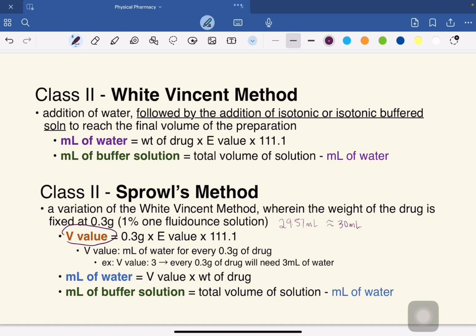So meaning kapag may V-value yung drug of 3, meaning every 0.3 grams of drug will need 3 ml of water para maging isotonic. So again, similar sa White-Vincent method, it will also have the volume of water and the volume of buffer solution. In this instance lang, we will use the V-value to calculate the volume of water. So let's try to apply these two methods in the succeeding problems.